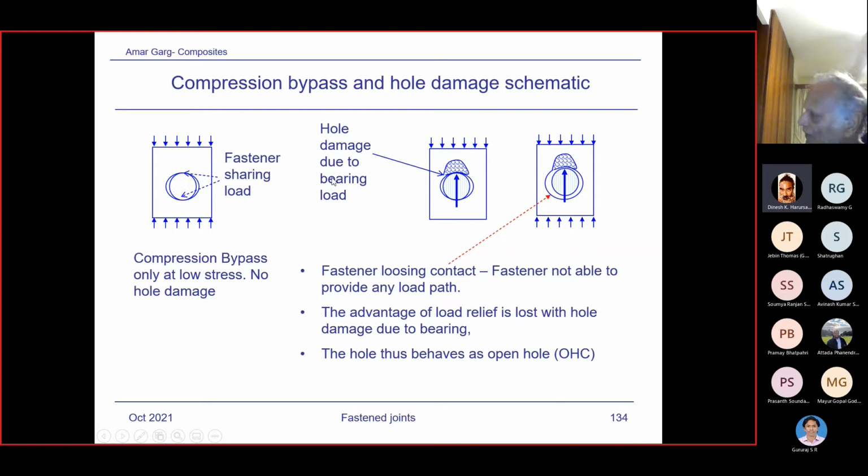However, at high stress, what happens during bearing is that hole damage occurs. And then the effectiveness of the fastener in supporting the load is reduced. And then this section may behave like an open hole in compression.